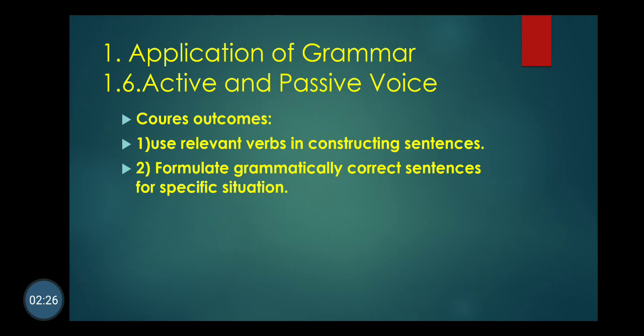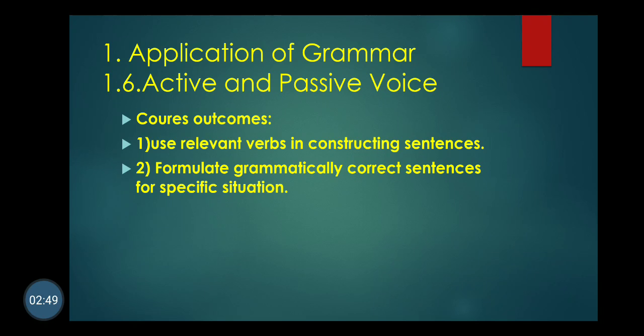Have you got it? General outcomes mean constructing sentences using proper verbs without grammatical errors. Second, formulate grammatically correct sentences. Students should know what is active voice and what is passive voice, its meaning, its structure, its interchange, and why we should do it.